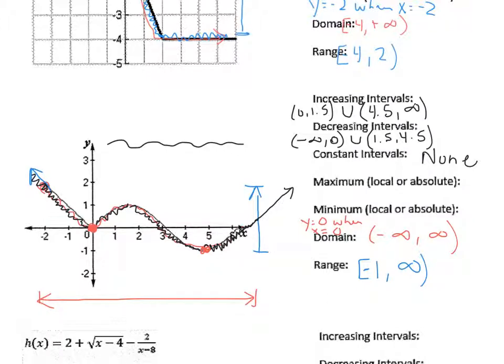So y equals -1 when x equals 4.5. We have a local max right here at about 1.5. So we have a maximum where y is 1 when x is approximately 1.5.